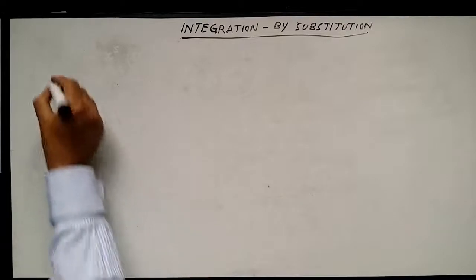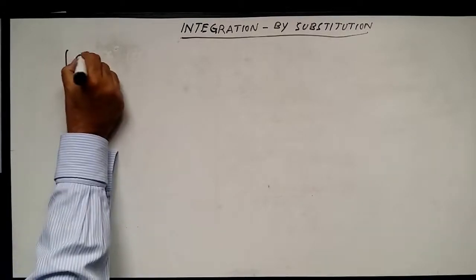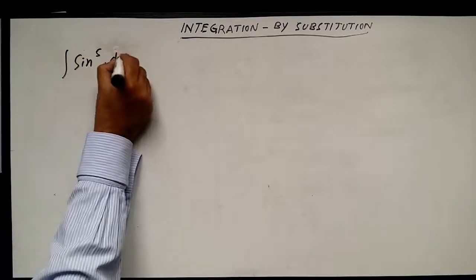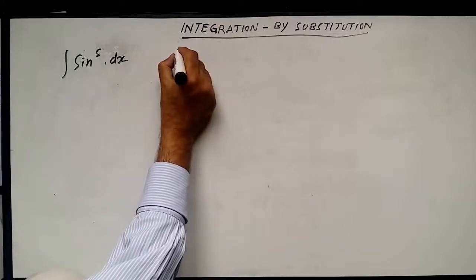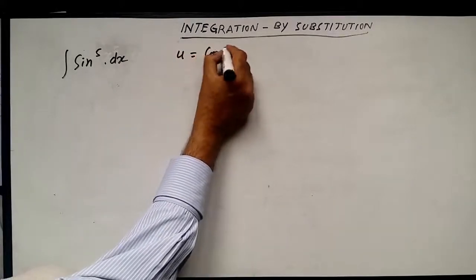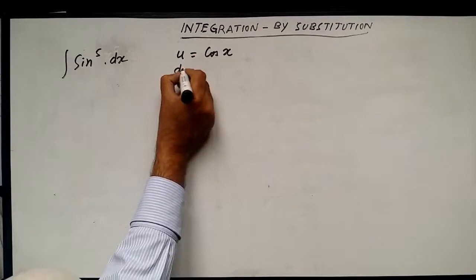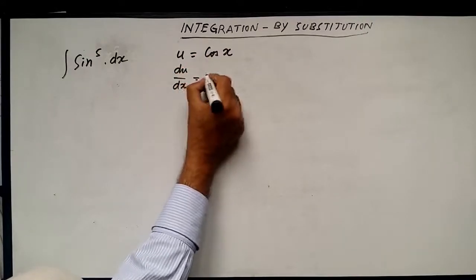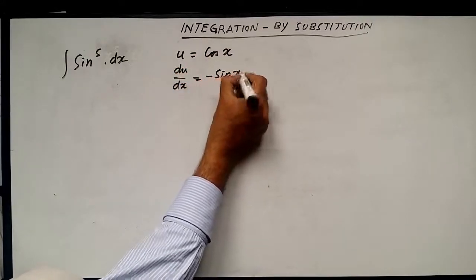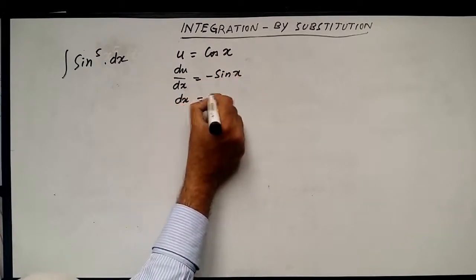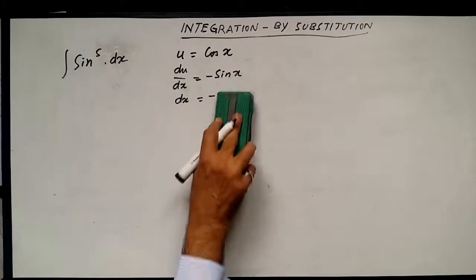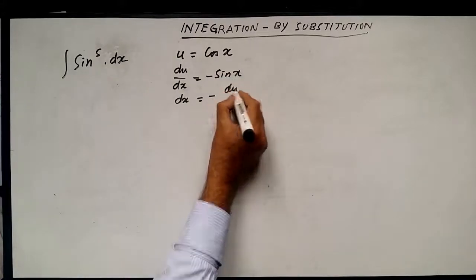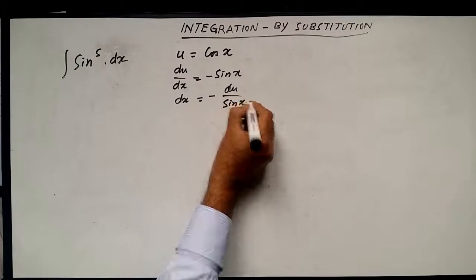Let's take another example. Integration of sine to the power 5 dx. Again we will replace u by cos of x, where du by dx is equal to minus sine of x, which means dx is equal to minus du by sine of x.